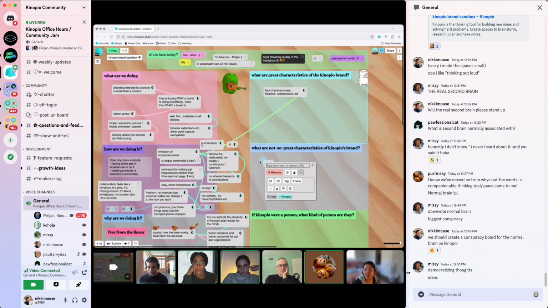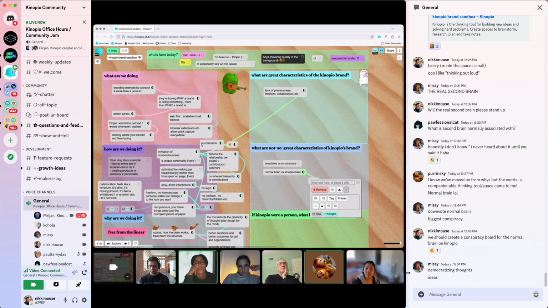You know, like what was talked about just now, the whole normal brain versus, I guess, Kinopio-tized brain. I think if you come into Kinopio with a mindset with all the energies of the house and whys that's listed on the map, people don't feel so afraid. It's only when you come into Kinopio with your normal brain on that you're like, oh my god, why is this not like anything else?